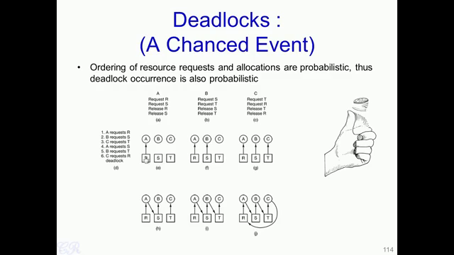We see that A requests R and the operating system will then allocate the resource R to A. Corresponding to B requesting S, S will be allocated to B. Then C requests T and the OS will allocate T to C, then A requests S.